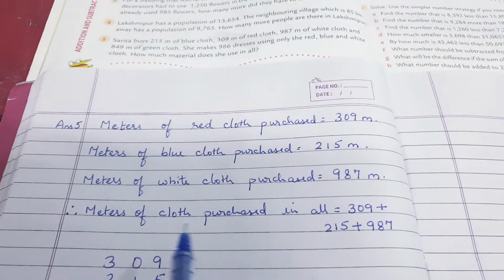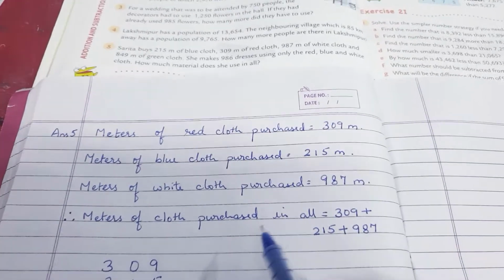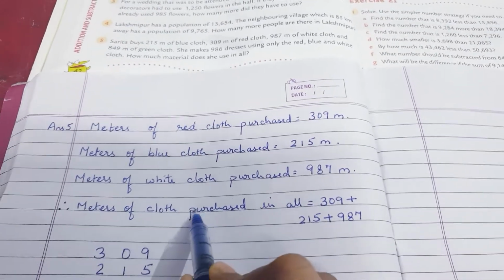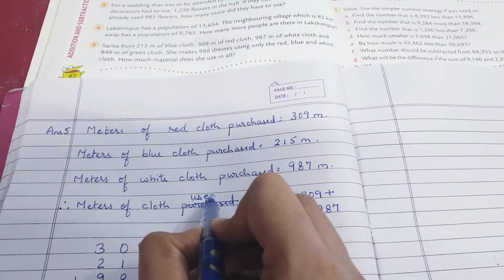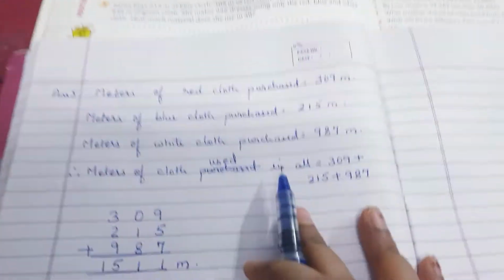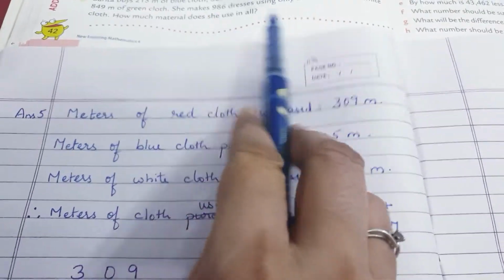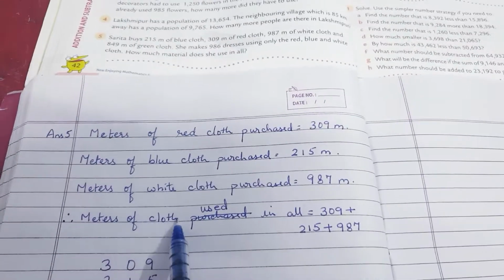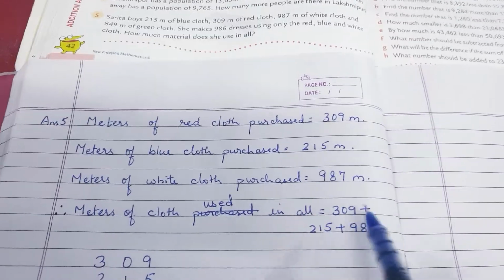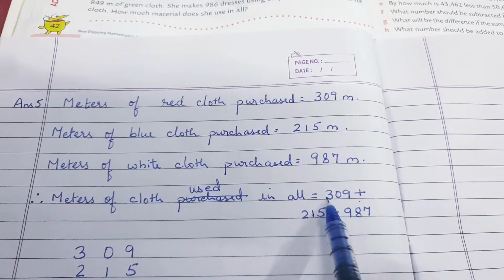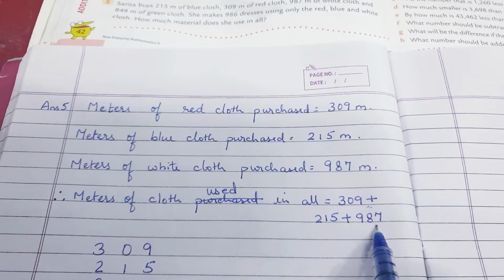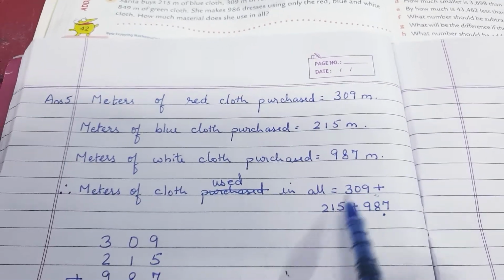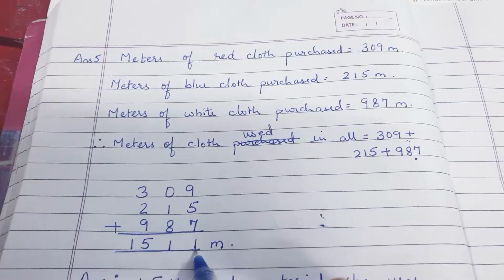So instead of purchased, you can also write here used, because in the question it is given how much material does she use in all. So you will write meters of cloth used in all, and you will write 309 plus 215 plus 987, and you will add these three numbers.